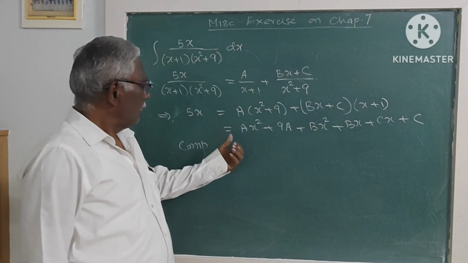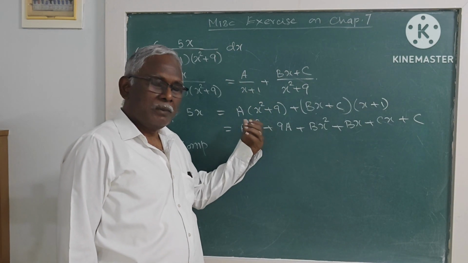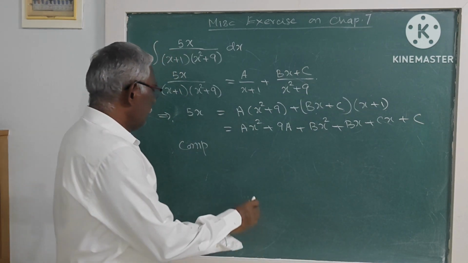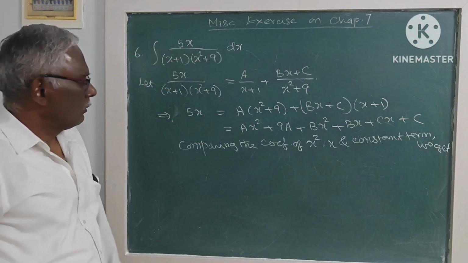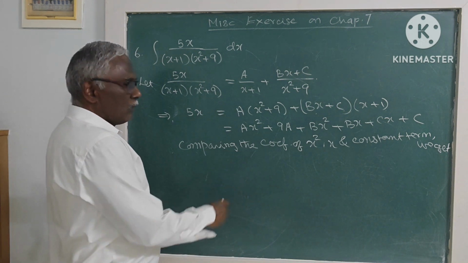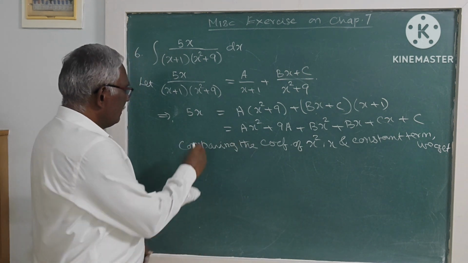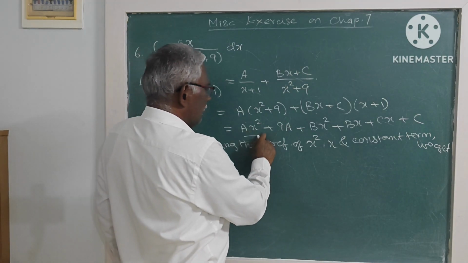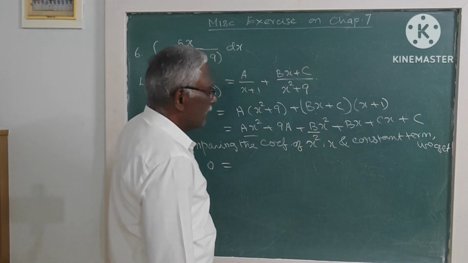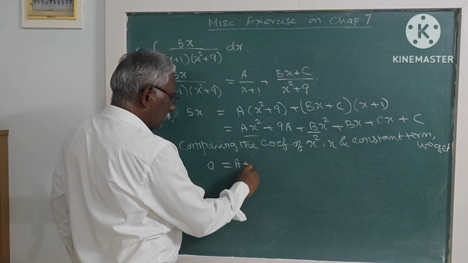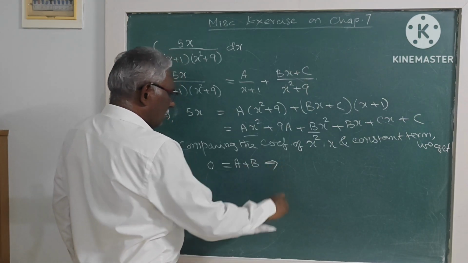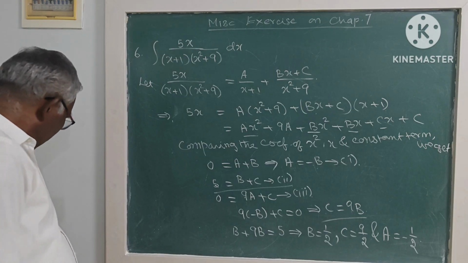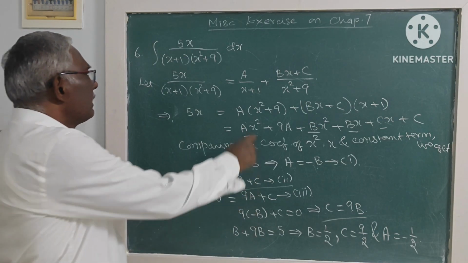Now comparing the coefficient of x square, x and constant terms, we get, what is the coefficient of x square? This side 0, this side a plus b. So now we have to find the values of a, b and c. We will substitute here.